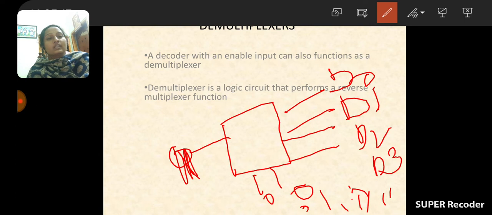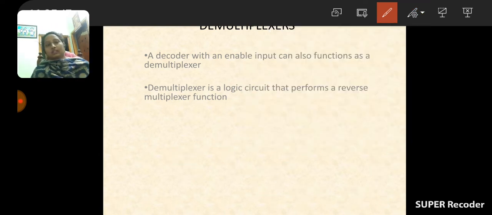So our input is transferred over one of 4 lines in a 4 by 1 demultiplexer. Simply, the demultiplexer will do the function of a decoder. The decoder is a device which is used to do the function of a demultiplexer.